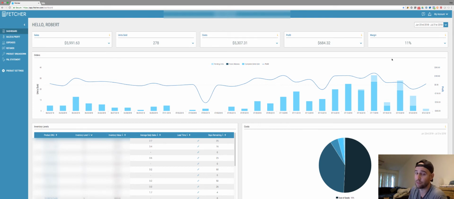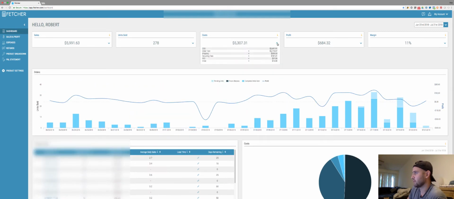I could definitely work on my margin, but keep in mind, part of the reason why my margin and profit are so low is because I made some large shipments in the month, right? My inventory is still sitting at Amazon and it is currently selling. Once that sells out, I'll be more and more profitable, and I've been ramping up.